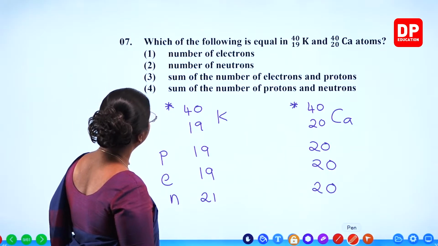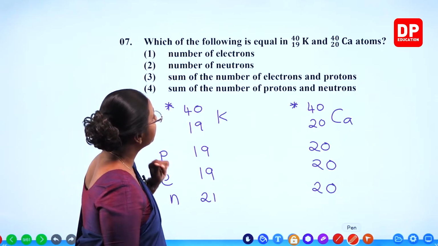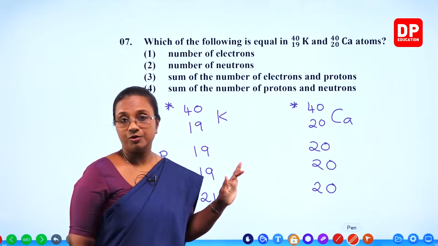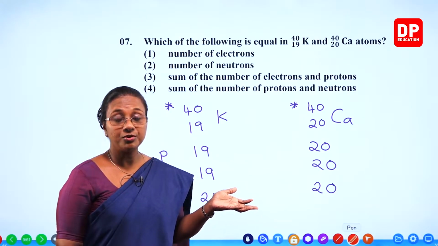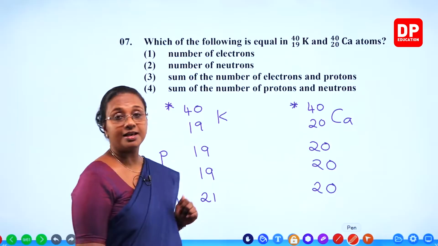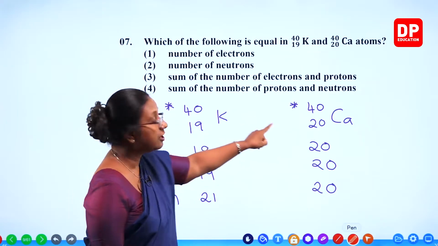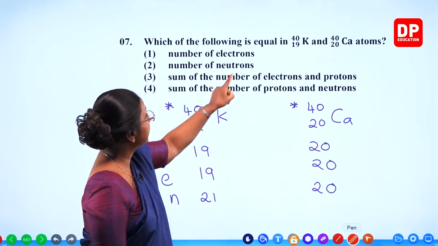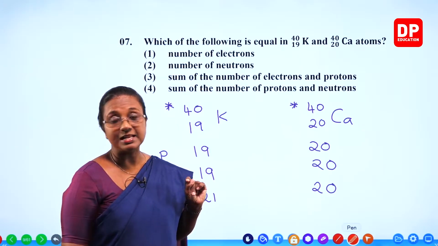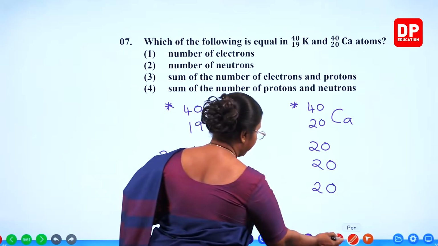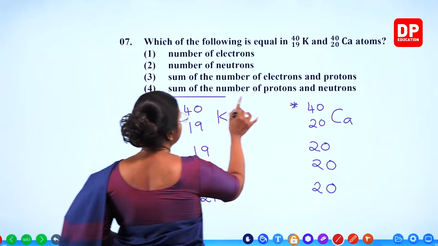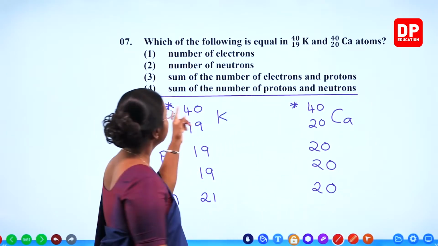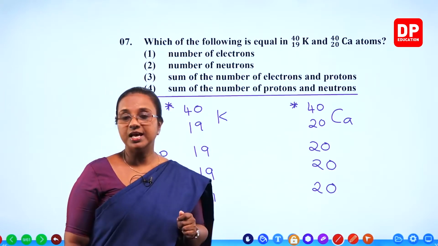Then if you look at the fourth one, sum of the number of protons and neutrons. As we discussed, it is the mass number. So both are 40. That is the only similar property, what is equal between potassium and calcium, the mass number. So that is what we need to mark here: sum of the number of protons and neutrons.